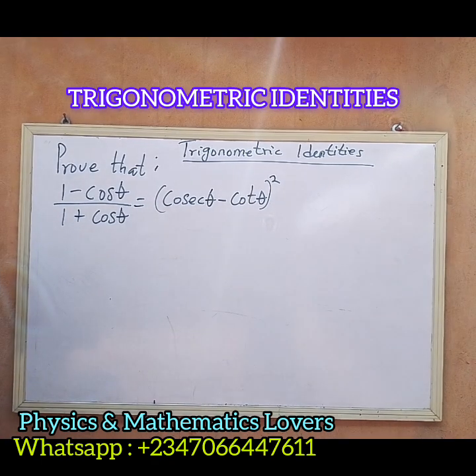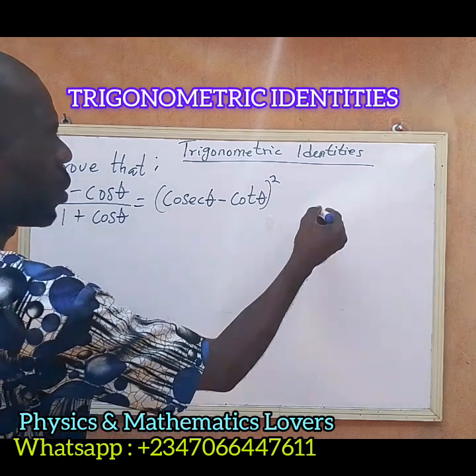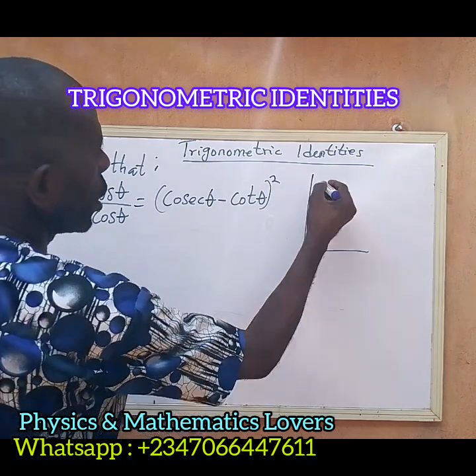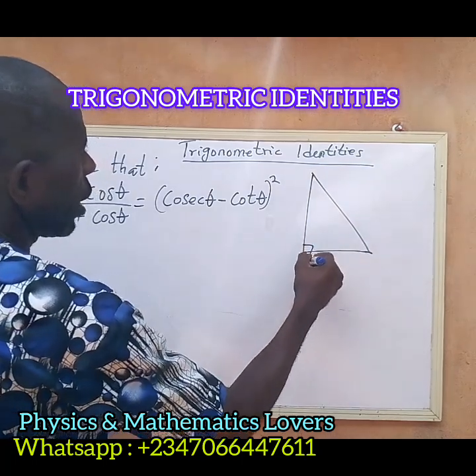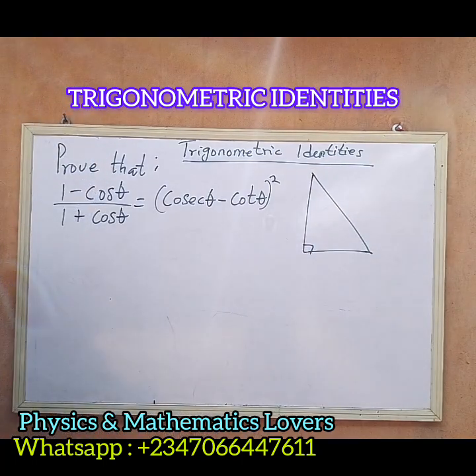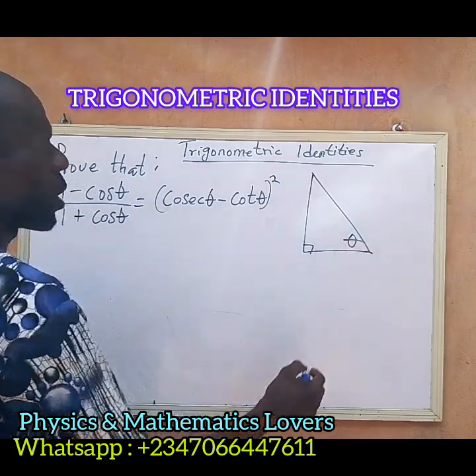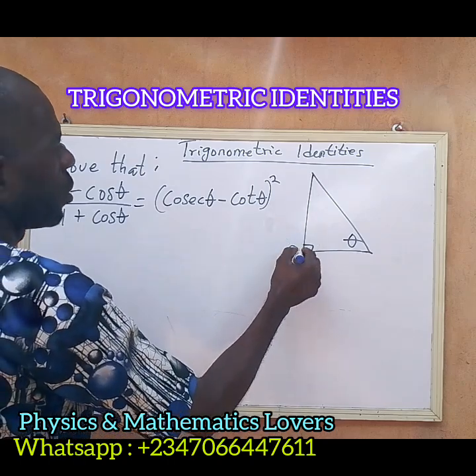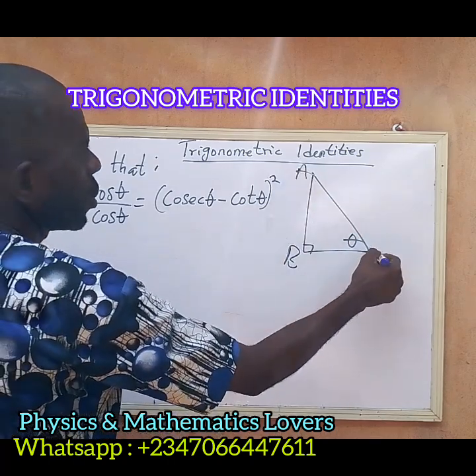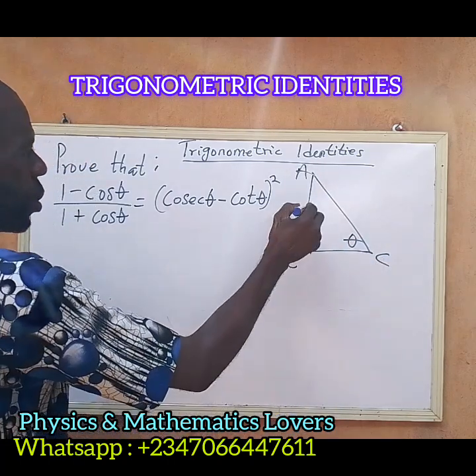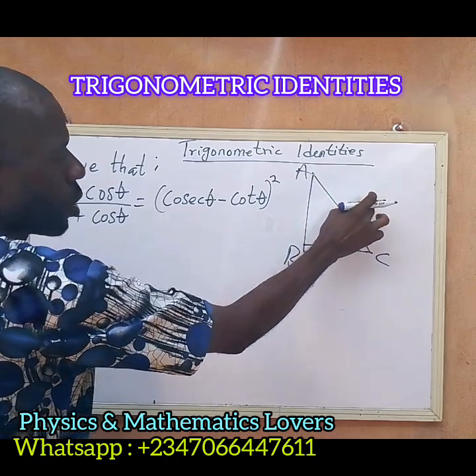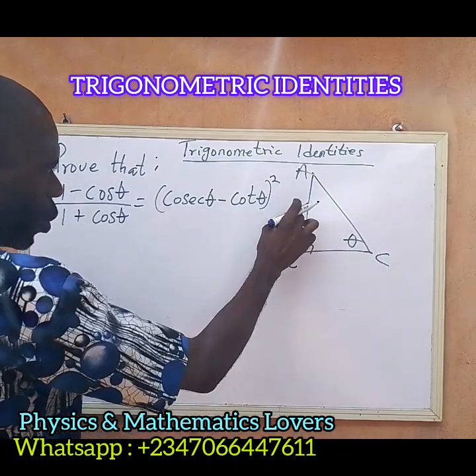You must know, in our trigonometry, when you bring out your right angle triangle, we have three basic ratios. If I put theta here, and this is your B, your A, C, and this is the hypotenuse, and this is the opposite.